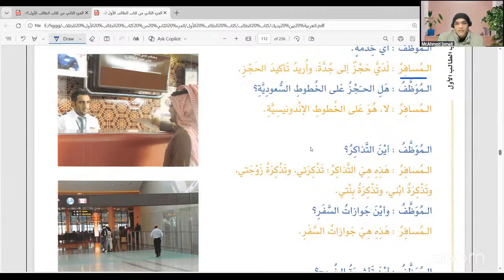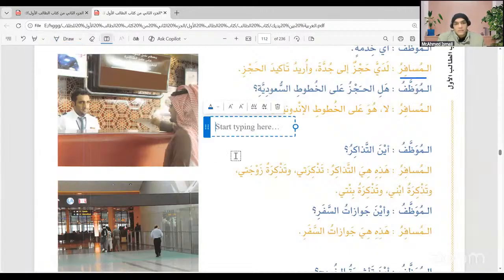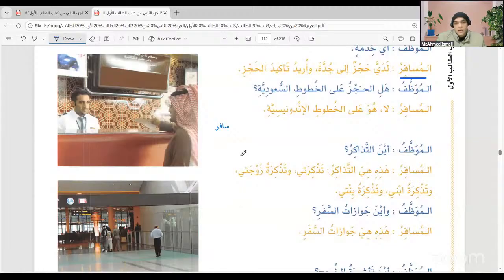For example, if I have a فعل like سافر, and I want to make it اسم فاعل, the doer of this, like traveler, I will make it in the مضارع, to be يسافر, and then I will put meme at the beginning, and I will make sure you have كسرة before the end, to be مسافر, with كسرة before the end.